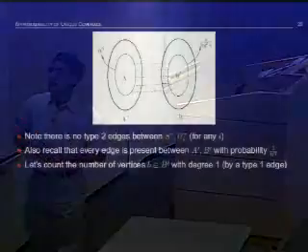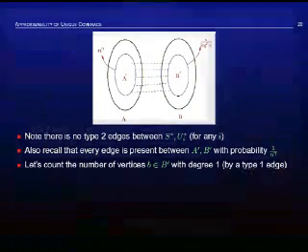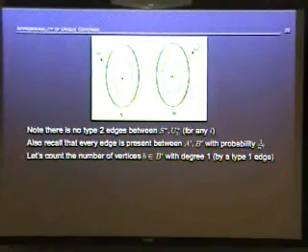So what's the expected number of vertices out of B prime that are connected to exactly one random edge? It's going to be a constant.